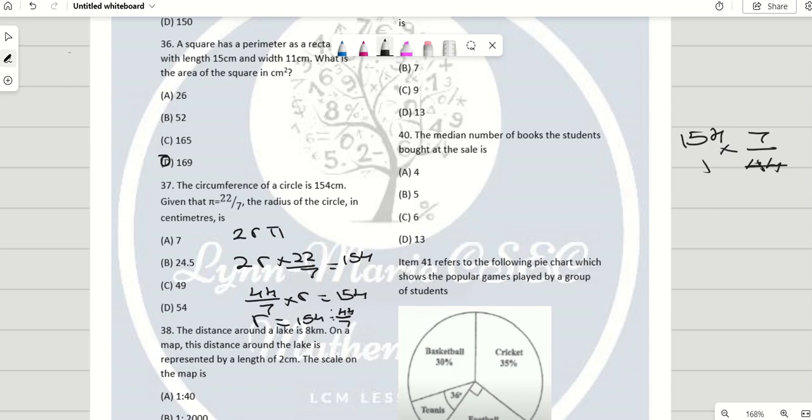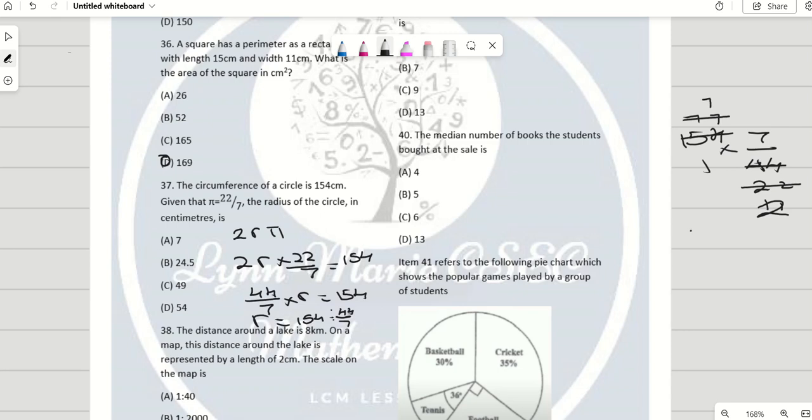So say 2 could go into 11 two times, 2 could go into 154, 2 could go into 7, and 2 could go into 14 seven times, right? And 11 into 22 is 2, and 11 into 77 is 7.